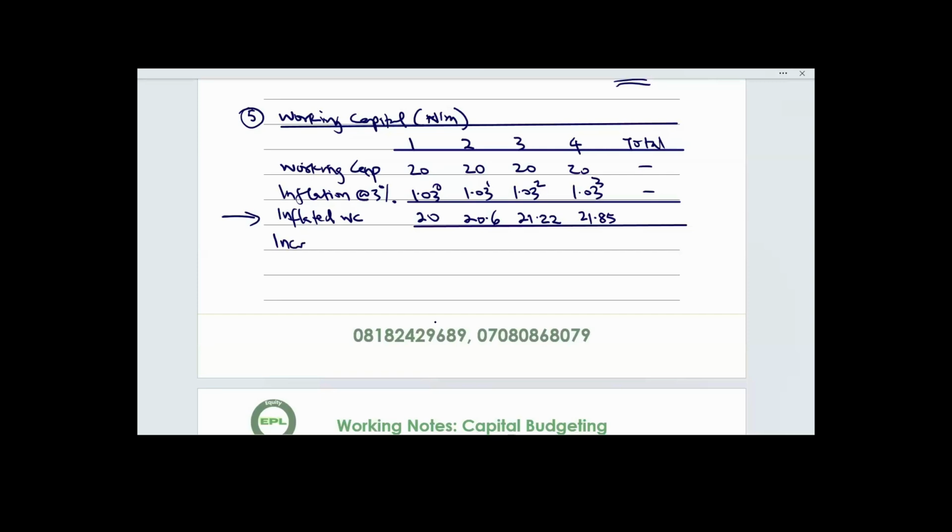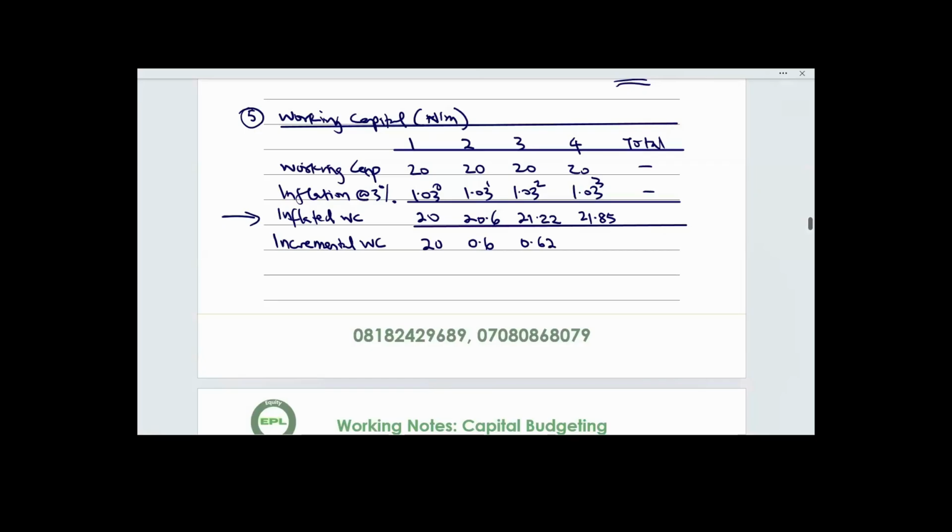Therefore, I would then say incremental working capital. What has changed? The first year working capital is 20 million. From 20 million, it has increased to 20.6, a difference of 0.6. From 20.6, it has increased to 21.22, so 21.22 minus 20.6 gives a difference of 0.62.